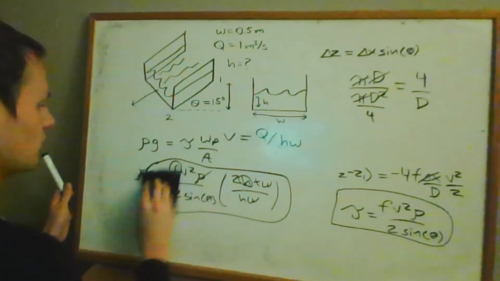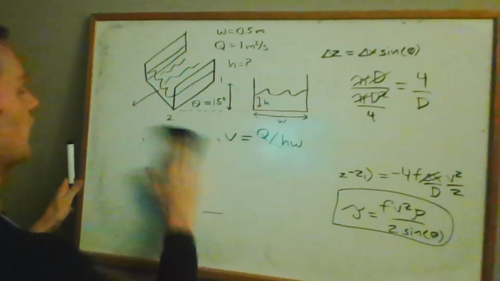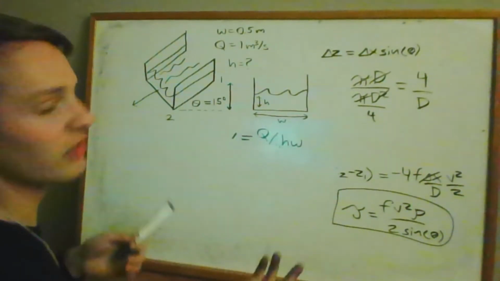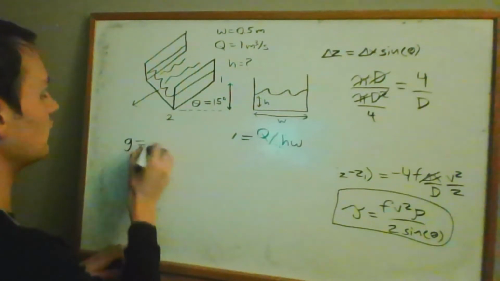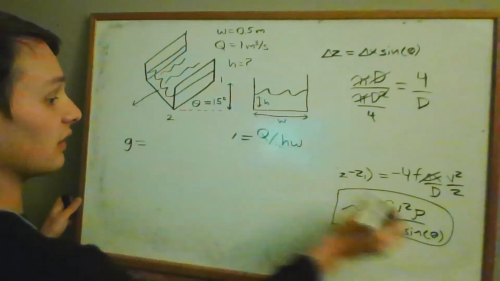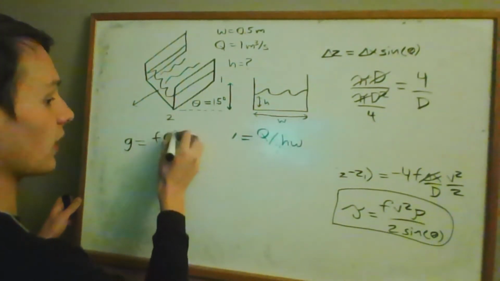And let me just erase all of this and rewrite it, and we can see what expression we'll have. So I got a little too excited there. This is the actual expression we'll have for g in our function that we use the root solver for. And let's see, that goes into v squared, so we're going to have f q squared.